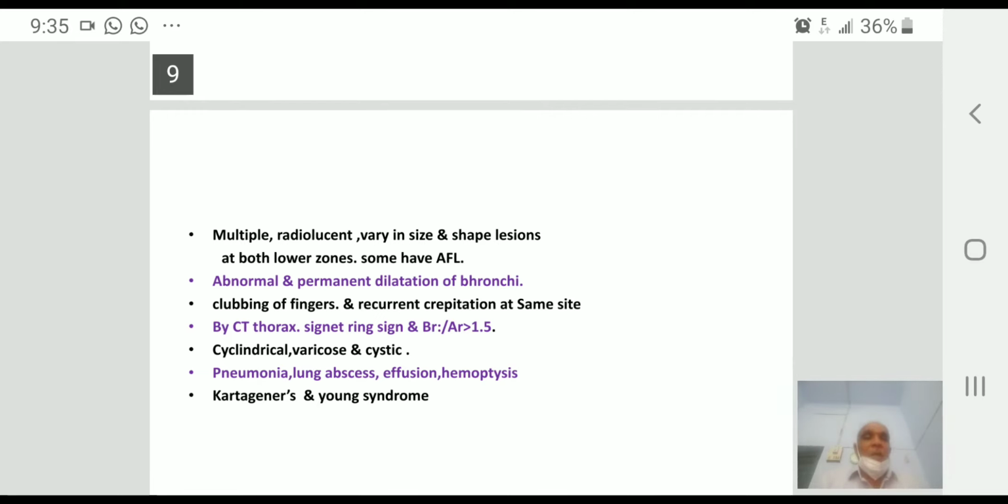The multiple radiolucent lesions, variable in size and shape, are at both lower zones. Some air space lesions have an air-fluid level.